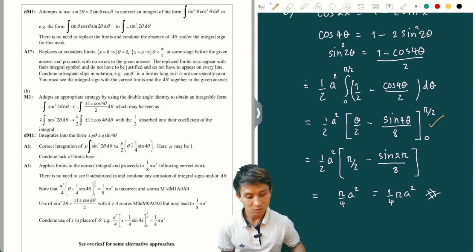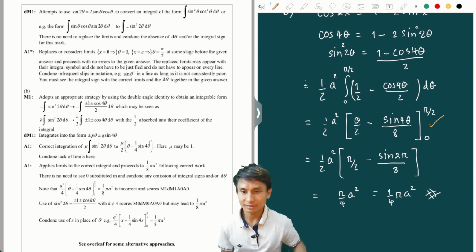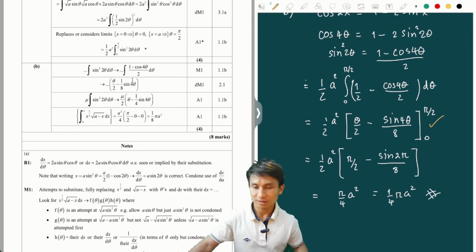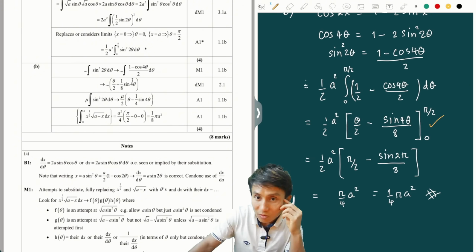1/2. Integrate cos, we get a sine. What? Okay, let's check the integration again. That is right? Huh. I'm not seeing what went wrong.